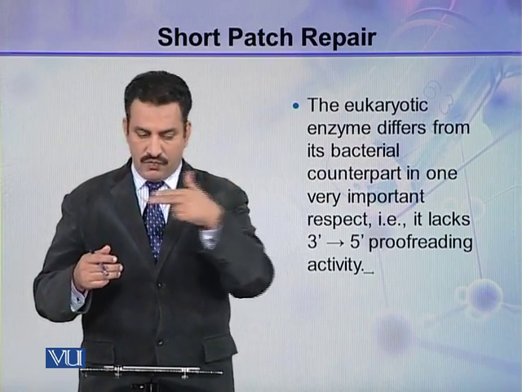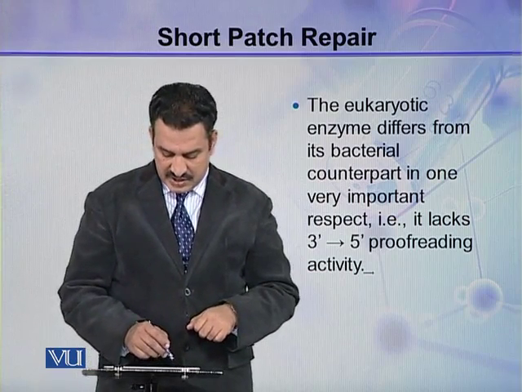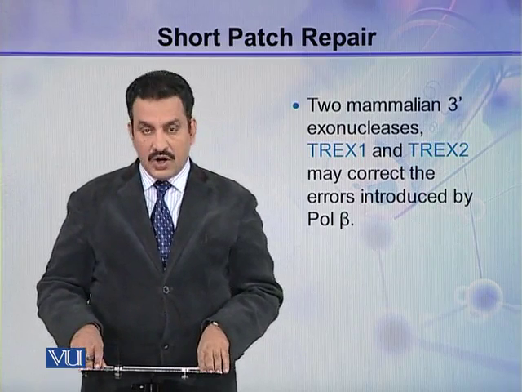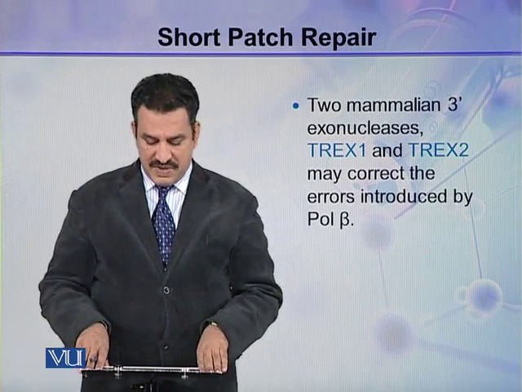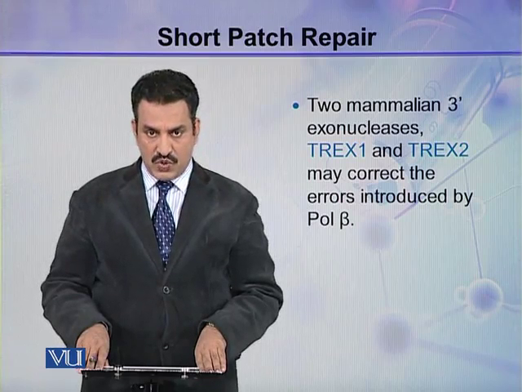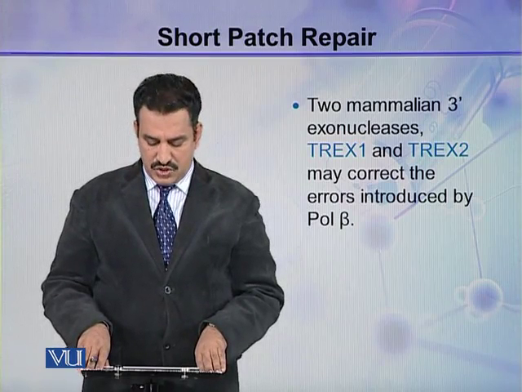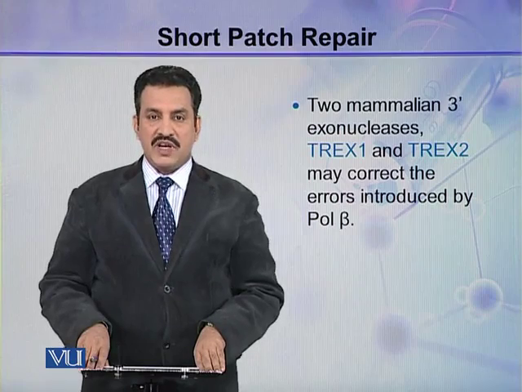This proofreading cannot be done in eukaryotic enzymes. However, two other mammalian 3' exonucleases, TREX1 and TREX2, may correct the errors introduced by polymerase beta.